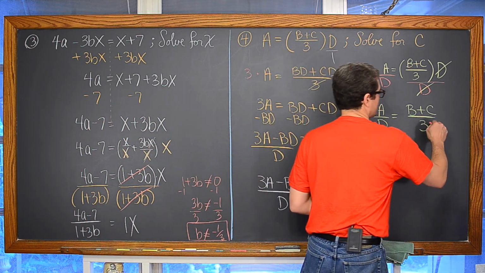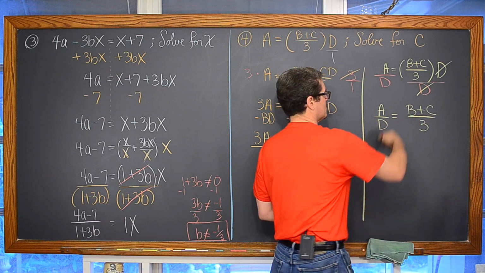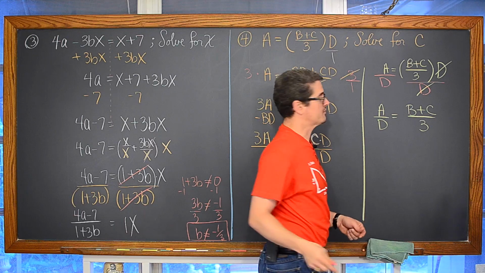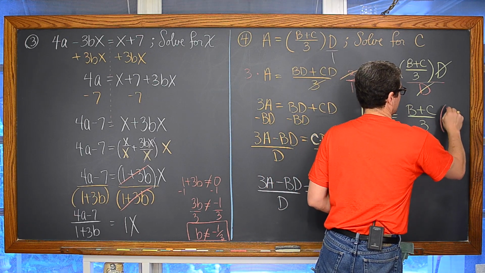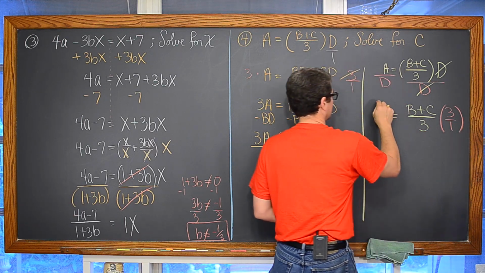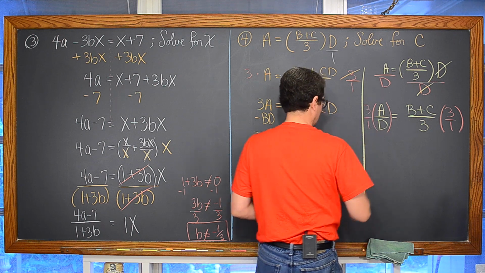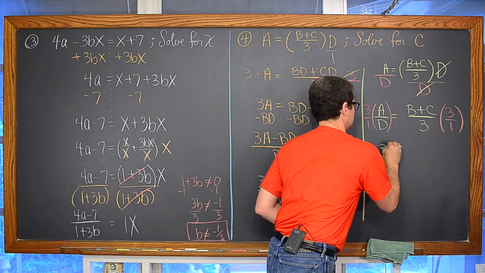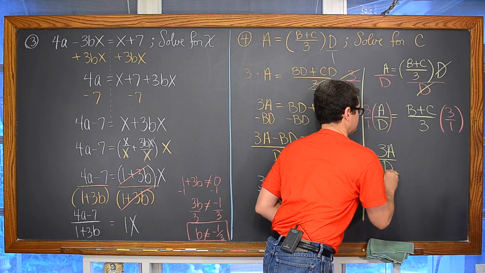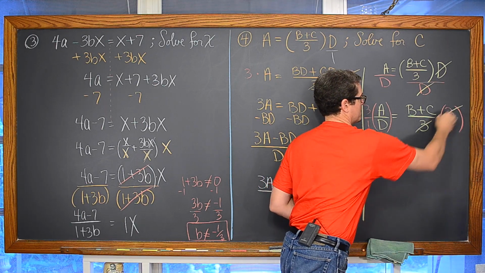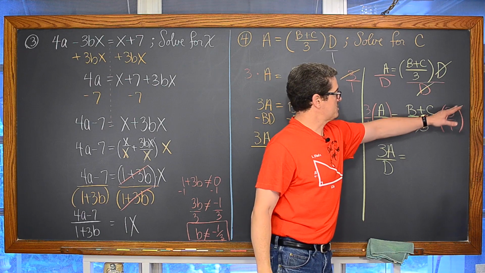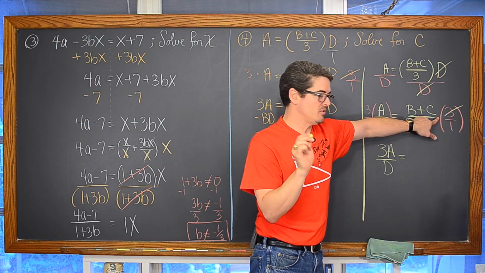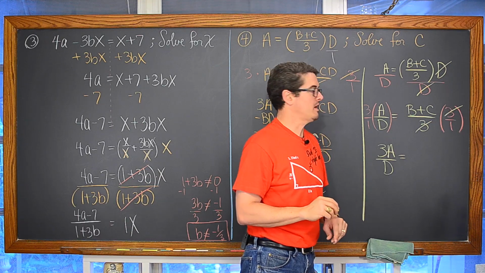So now I'm going to see that there's a division of 3 here. There's only one term, and there's a division of 3. If I don't want a denominator of 3, then I multiply both sides by 3. And so we have 3a over d is equal to, well, these 3's are going to cancel out because in your numerator and denominator, you can cancel factors, not terms, across the multiplication sign.